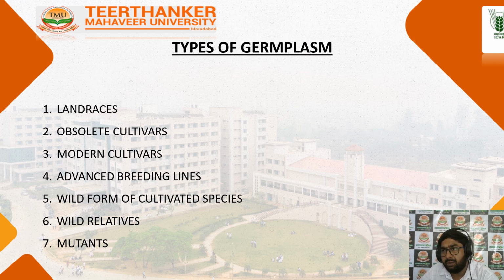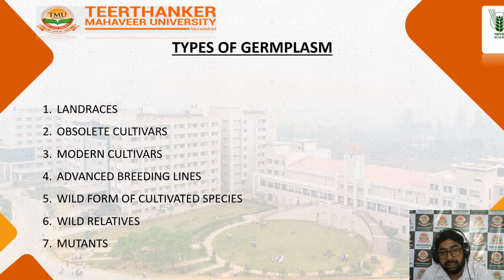For example, in Brassica, 5-7 are cultivated species, and the other 20-30 species are wild, like Sinapis alba. So we can take different characters, against disease or for taste, from the wild relatives.